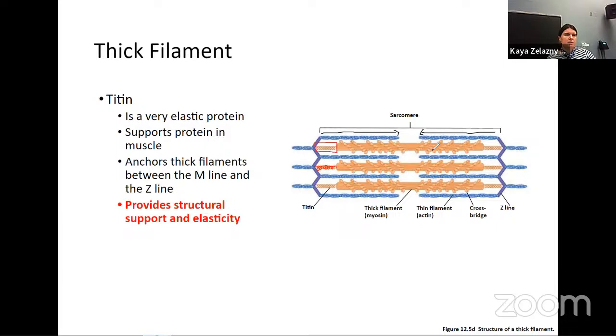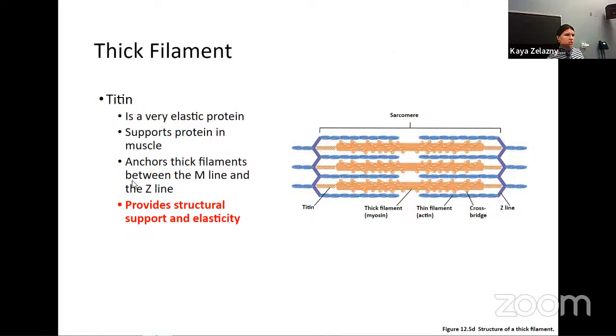So the myosin is kind of staying in place, but we can also think of it as moving closer to the Z lines, right? So this titin is going to have to get shorter when our sarcomere is short. It gets longer when our sarcomere is long. So that's why it has that springy looking structure. We would say it has this elastic property so that it can change its length in response to the movement of the actin and the myosin.